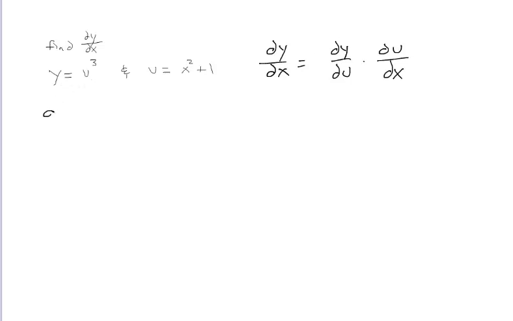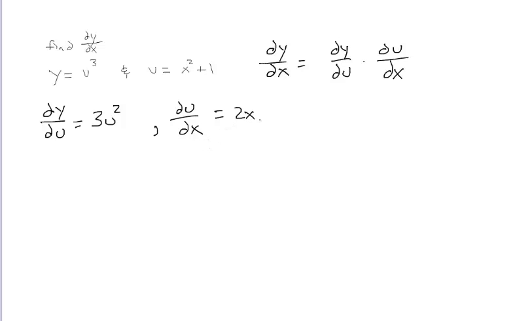So we have dy du is equal to 3u squared. And we also have du dx, which is the derivative of the u equation with respect to x. So we have du dx is equal to 2x.